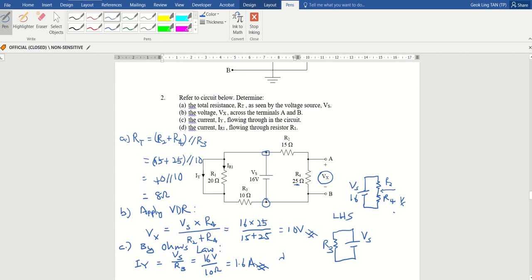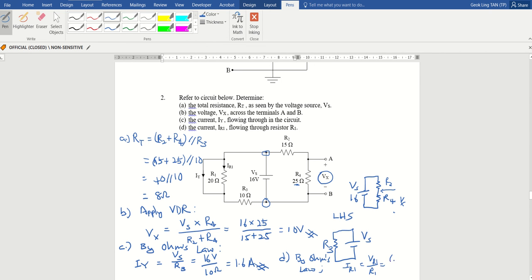If you apply Ohm's law, you still get 0. Your IR1 is equal to VR1 divided by R1.